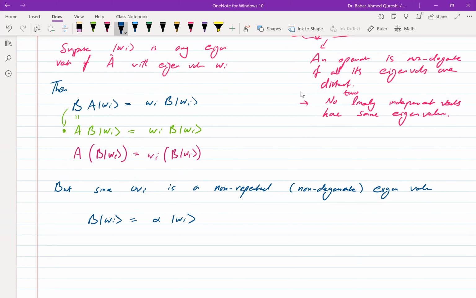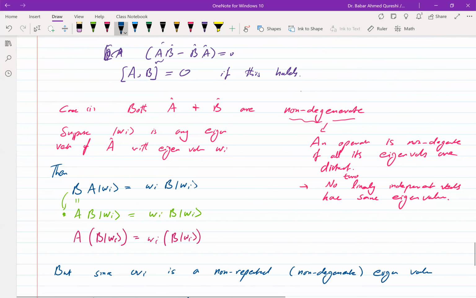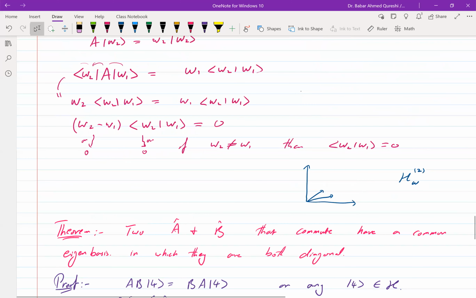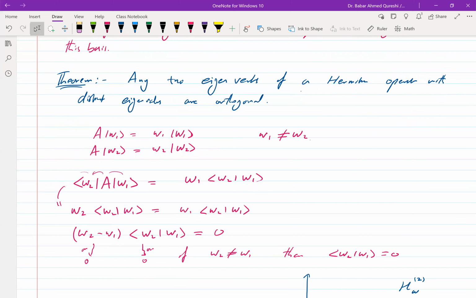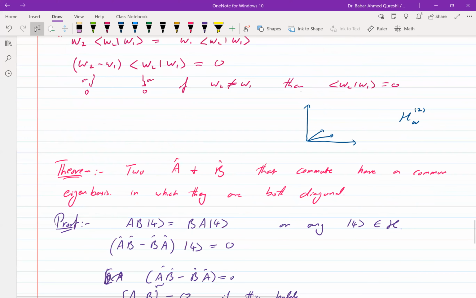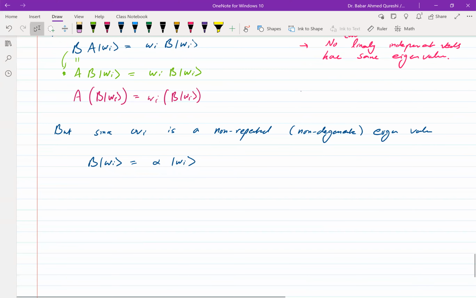No other vector has the same eigenvalue, all other vectors are orthogonal. So you live in the one-dimensional eigenspace. So BWi must be a multiple of the original eigenvector.